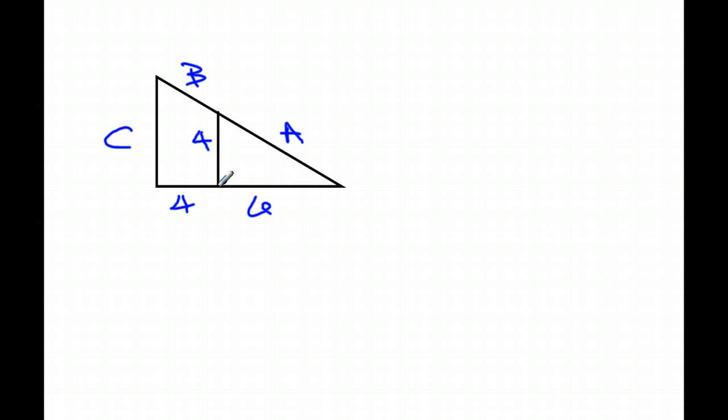What they're asking you to do is find A, B, and C. Except these are right triangles, so it's a little bit different.